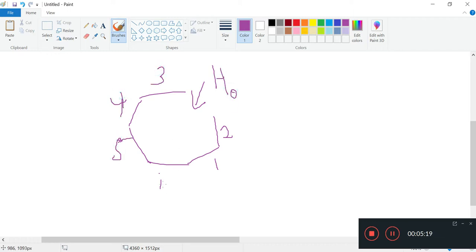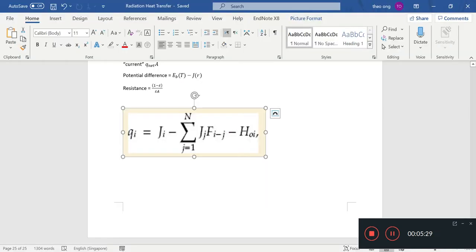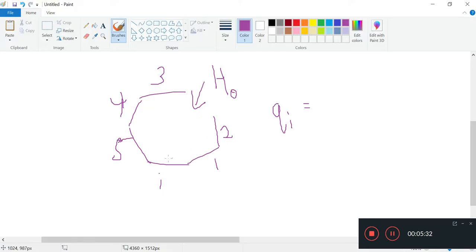So we have surface i. The net heat emerging from surface i, what is it equal to? It is the radiosity of i. So this is a heat flux, and we have divided by area throughout, or we can simply do this.